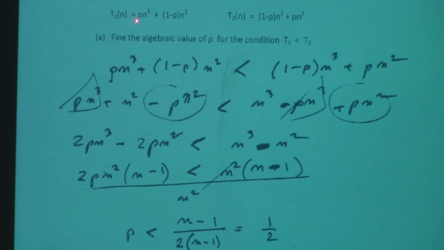So if P is, for example, more than 0.5, then the cubic term here will be less than 0.5, and this is more than 0.5, this will be less than 0.5, which means that this will be more than 0.5. So that's the way that one worked out. All right, any questions?